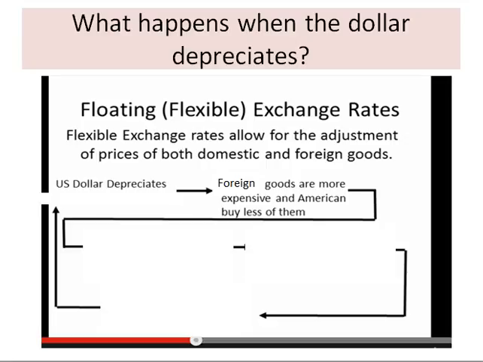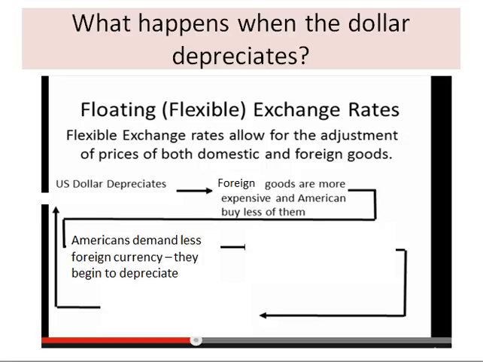But when the dollar is down, while we're buying fewer imported goods, our American goods are less expensive to the rest of the world, so they're buying more of them. So our imports are down, but our exports are up. Americans demand less foreign currency, and those currencies begin to depreciate.